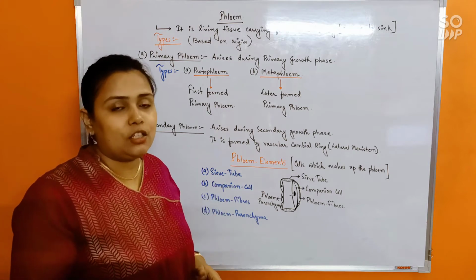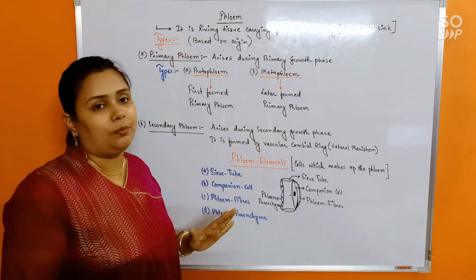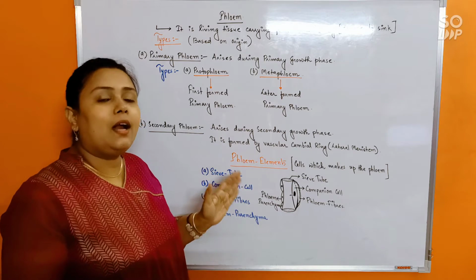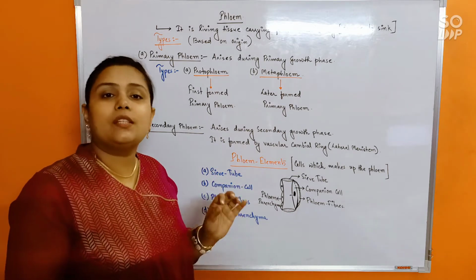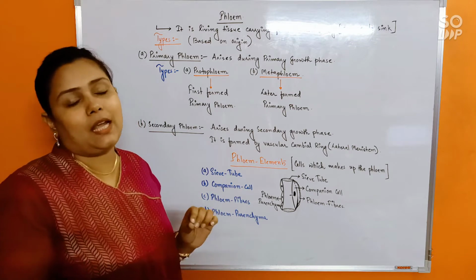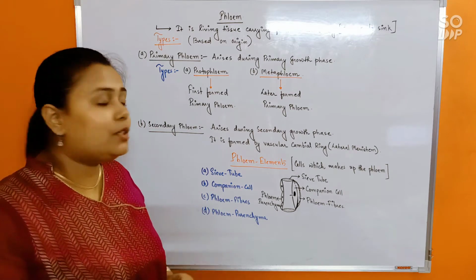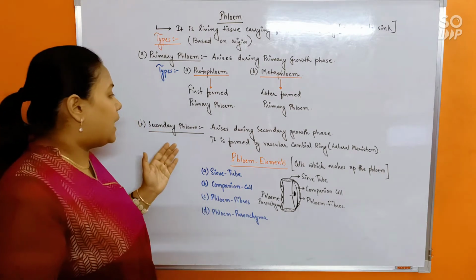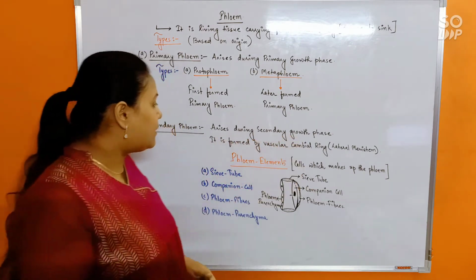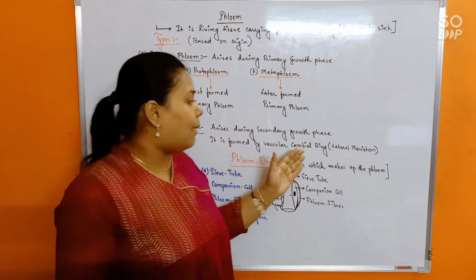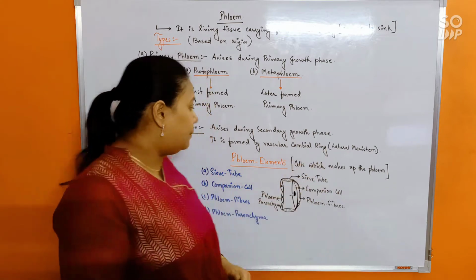Any such arrangement would not be applicable to phloem. Endarch and exarch arrangement is strictly based with xylem. It has nothing to do with phloem. Understood? Now, secondary phloem, as I have already told you, arises during secondary growth phase and is formed by the vascular cambial ring, that is the lateral meristem.